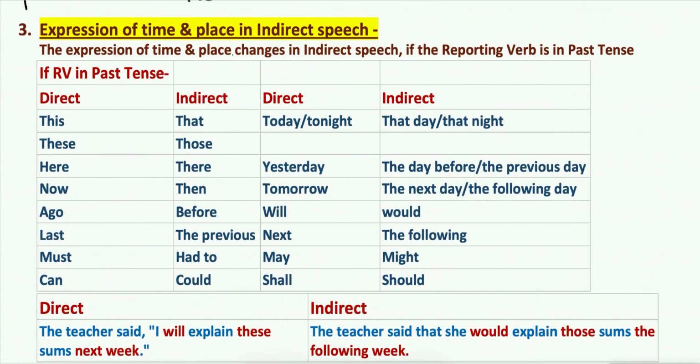Now, the third change is the change of expression of time and place in the indirect speech form. So, when the reporting verb is in past tense, what are the changes?